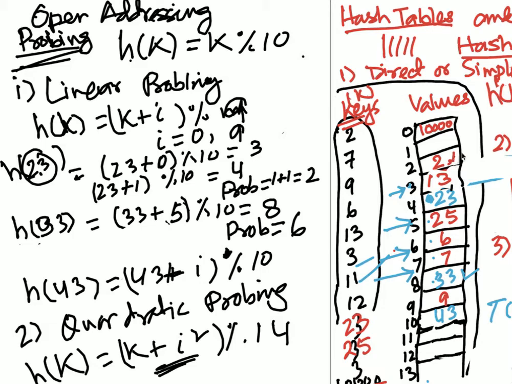Then 23 will come to this position, 13, then 23, and also 33 will come in the same position, 43 in the same position. Okay, so that's the correction.